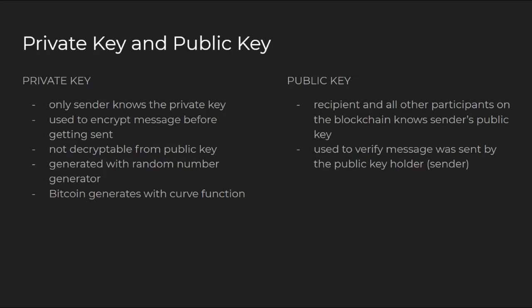This way, if person A is able to encrypt a message with his or her private key, any recipient or third party can look at the message and verify it with his or her public key by decrypting the message with the public key.